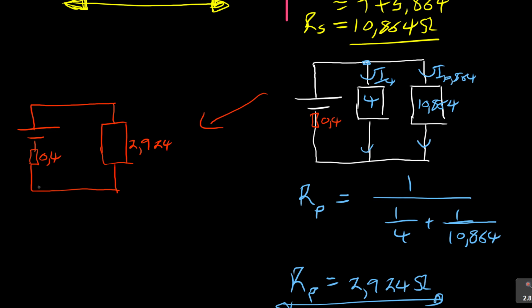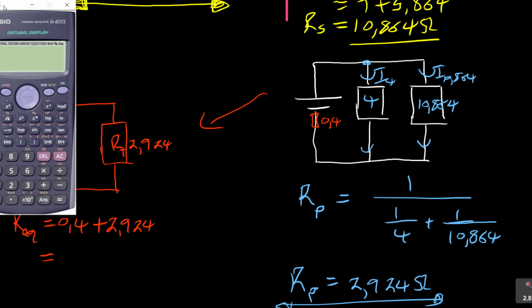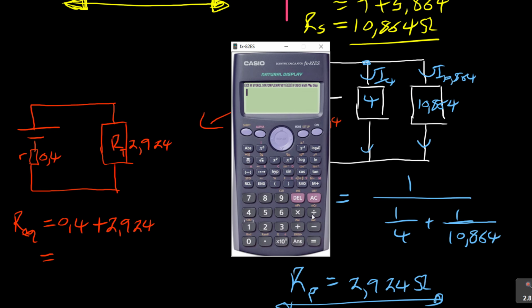Are you getting that? Then look at it. These now, the total resistance, that's your RT of the circuit, and this is your internal resistance, your small r. You have to now add them again, so R equivalent is equal to 0.4 plus this RT, which is more like the external resistance, 2.924. Then you have got your equivalent resistance. In other questions they will say calculate the equivalent resistance, some say calculate the total, so don't forget it.